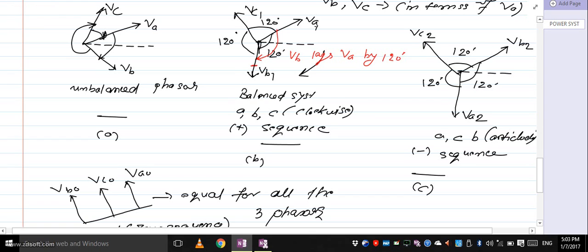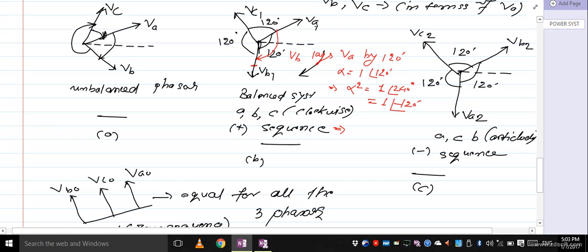That means alpha is equal to 1 at angle 120 degrees. This implies alpha square is equal to 1 at angle 240 degrees, which is equal to 1 at angle minus 120 degrees.